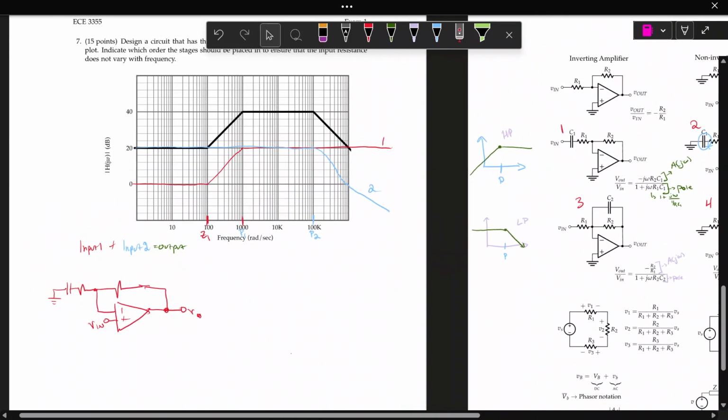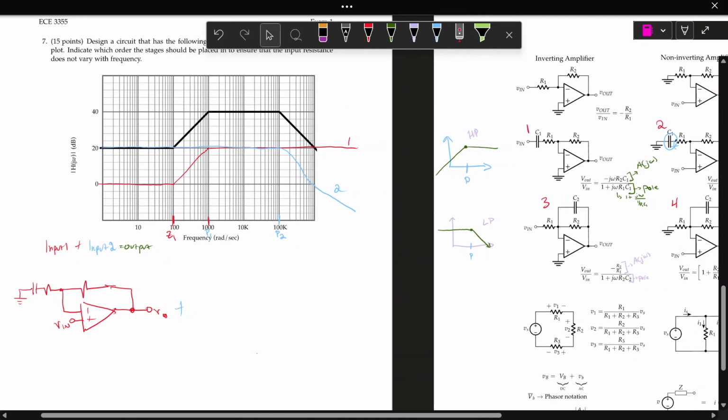input resistance. And now we have to add, what is this? Well, the second one looks like this. It's a low pass. Low pass is number 3. So number 3 here is this one here.